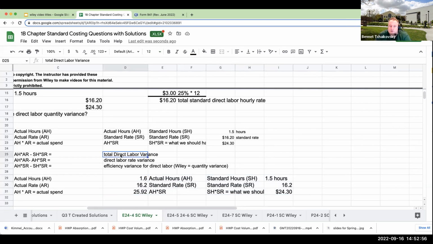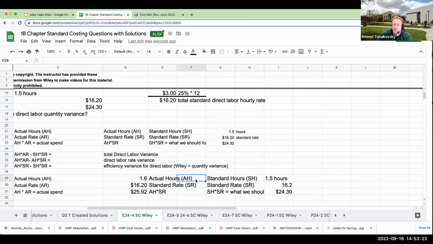If I look at the total direct labor variance, this would be unfavorable. Why? Because I spent $25.92 for the brake job, but I should have only spent $24.30. So that's our first thing. We know it's going to be unfavorable.